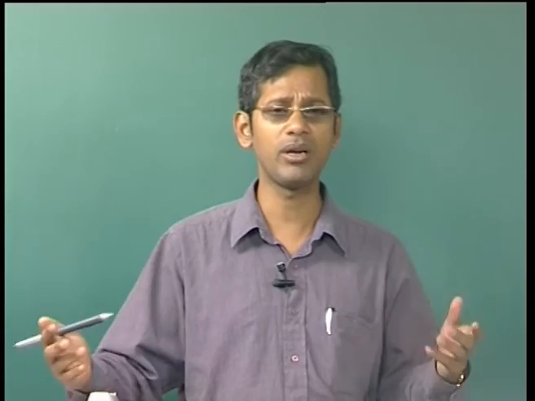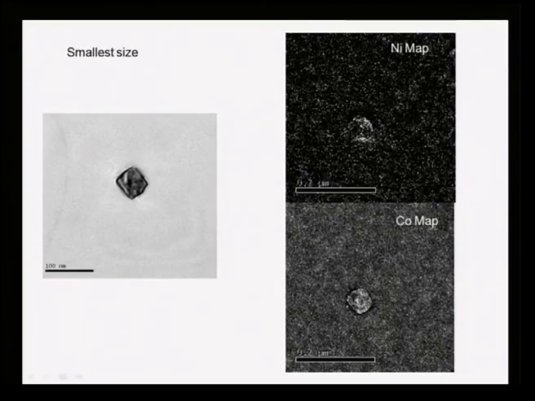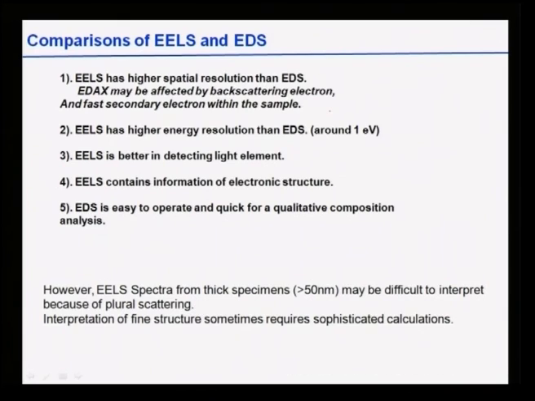This is our aim also, but I am showing a part of the work. In this way, we can go down to very small particles, approximately 40 nanometers, and map nickel and cobalt. This is not so good, but still you can see the cobalt quantity is almost the same as the nickel. So in this way we can do all kinds of analysis.